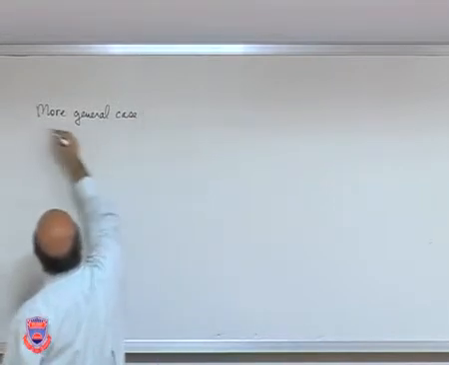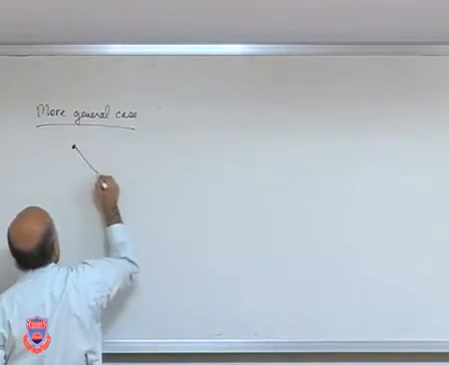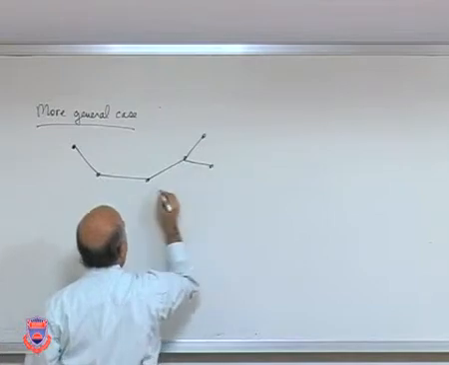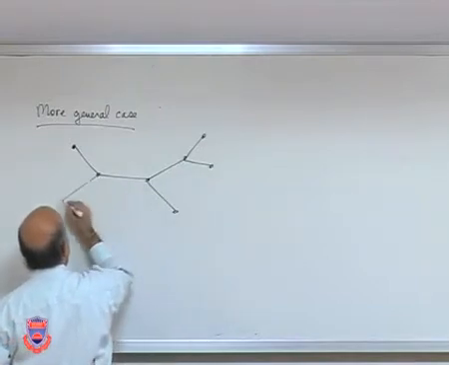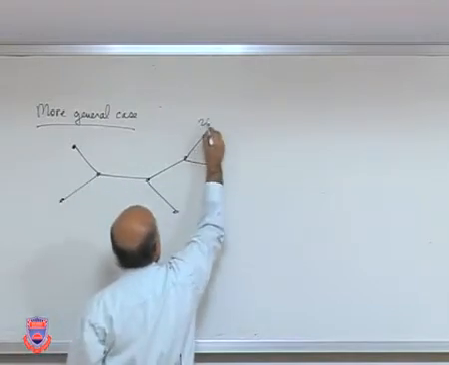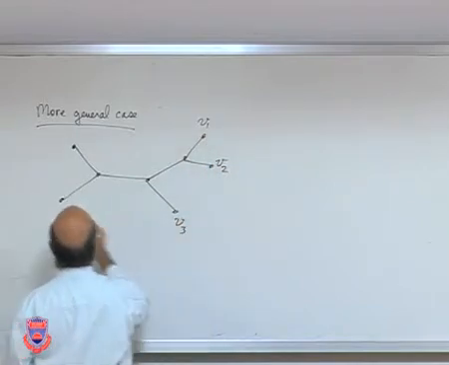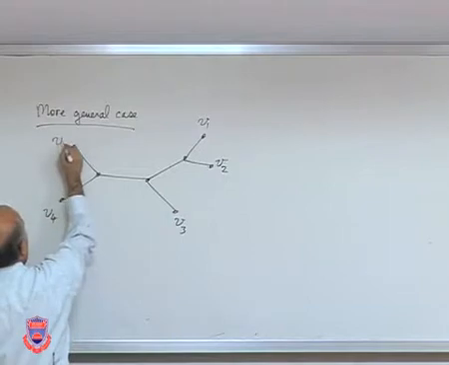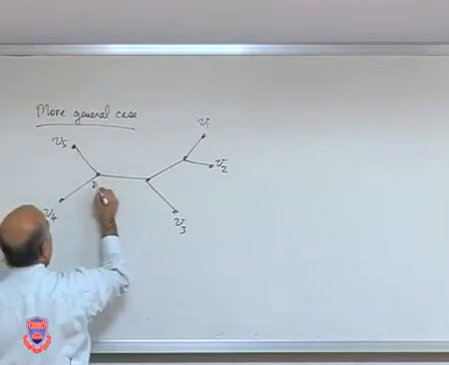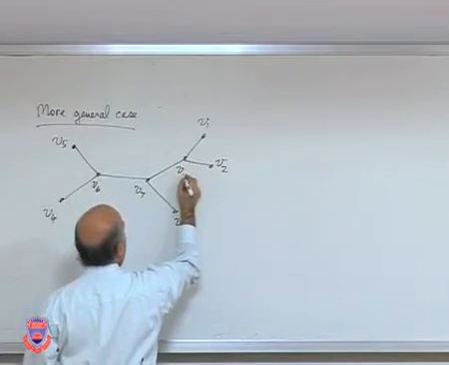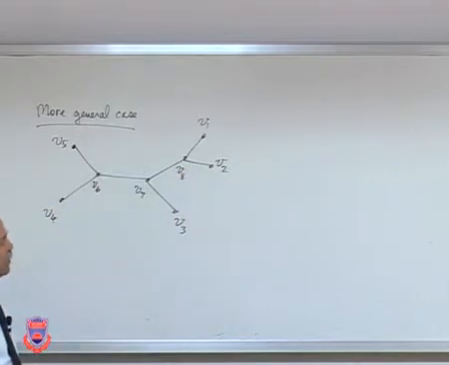So now the more general case, with a tree. Again, these are the vertices with the same old edge lengths that I had before.